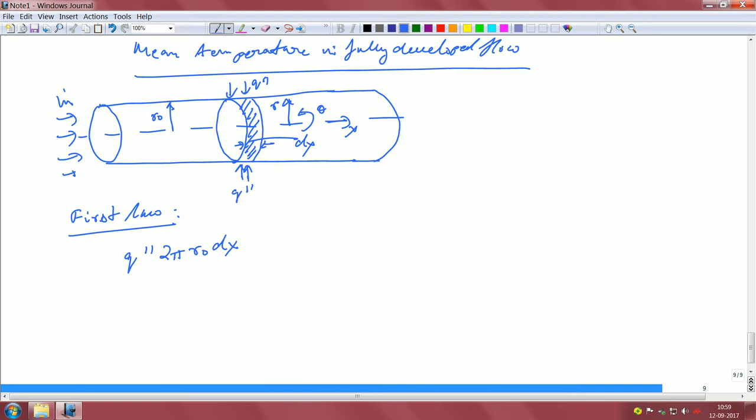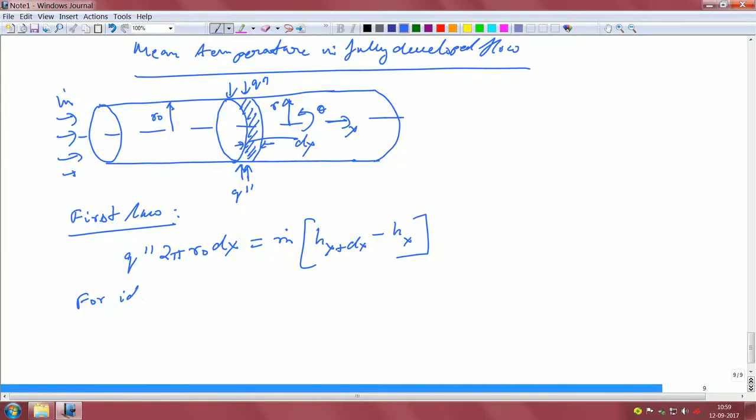So, this is the total amount of heat that is dumped into that elemental section dx, leading to m dot. Okay. So, the m dot is the mass flow that was coming in. So, the enthalpy of the fluid should have increased in this particular fashion. Whatever is coming out on the other side should have a little bit more enthalpy than whatever is entering. That is because of the amount of heat that you have actually supplied, right.